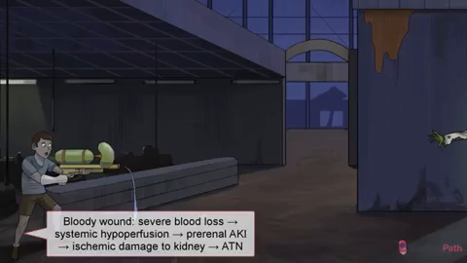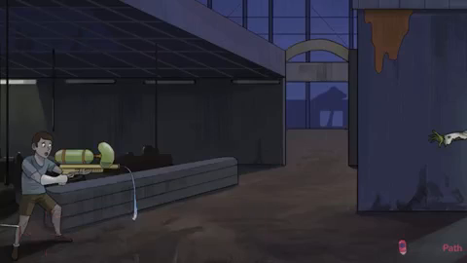That's kidney dysfunction, my friends, possibly due to that severe episode of blood loss and hypoperfusion causing ischemic damage to the kidney. Really, keep in mind any major surgery that involves lots of blood loss and prolonged hypotension. Even something like severe hypotension caused by septic shock, for example. Any kind of shock, really.